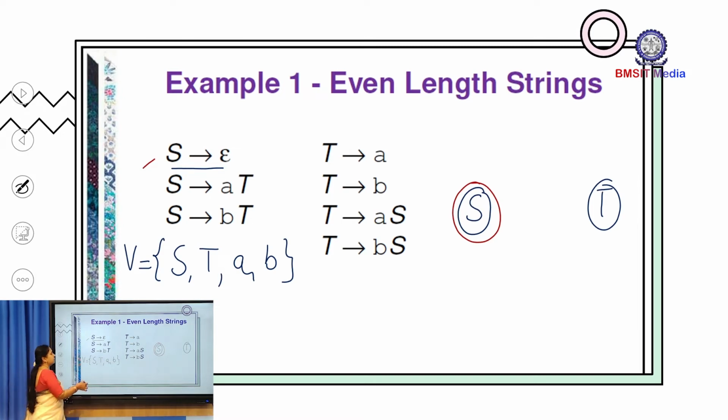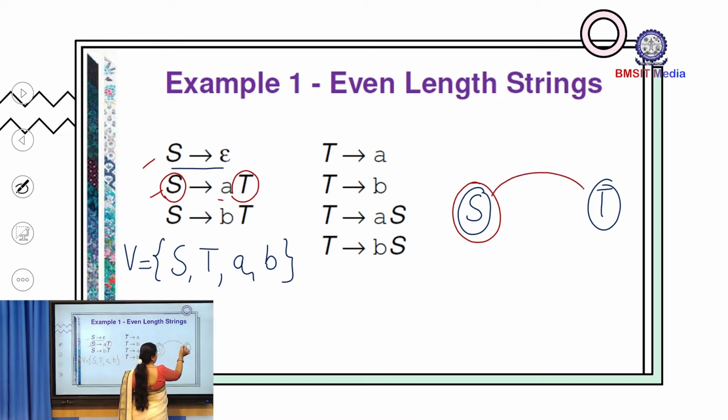The next production in the grammar is S tends to AT. We have to identify the non-terminals here, S and T, and the input symbol here is A. So from S to T, I need to define an explicit transition over the input symbol A.